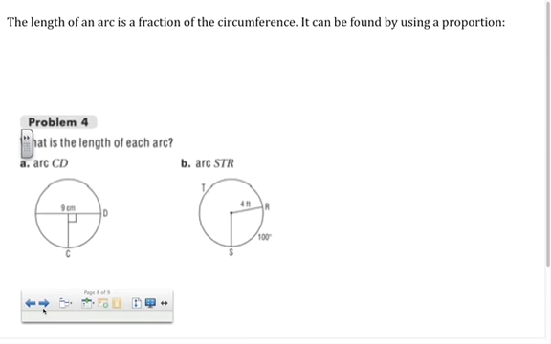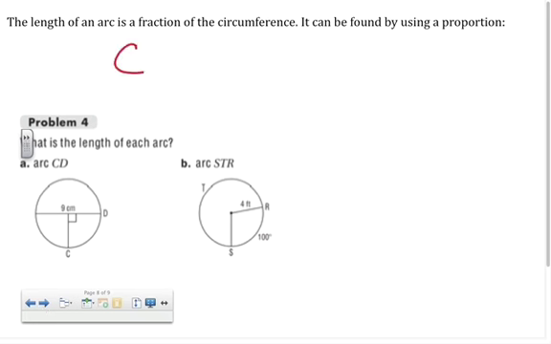All right, so on to finding the length of an arc. Remember I told you earlier that circumference is the length all the way around the circle. So does it make sense that the length of an arc would just be a fraction of that circumference? Two different ways that you can think about this, okay? You can think about this as this is a fraction of the circumference.